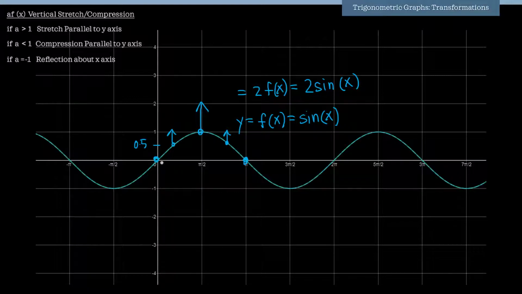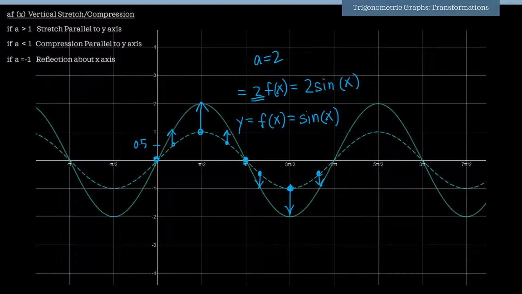Similarly, this point is also going to remain over here, and this point, which is at -1, is going to get multiplied by 2 because my value of a is 2. And I'm stretching my graph with a factor of a. So this point is going to go over here. Similarly, the points at -0.5 are going to go at -1. So after this transformation, my graph is going to look like this.